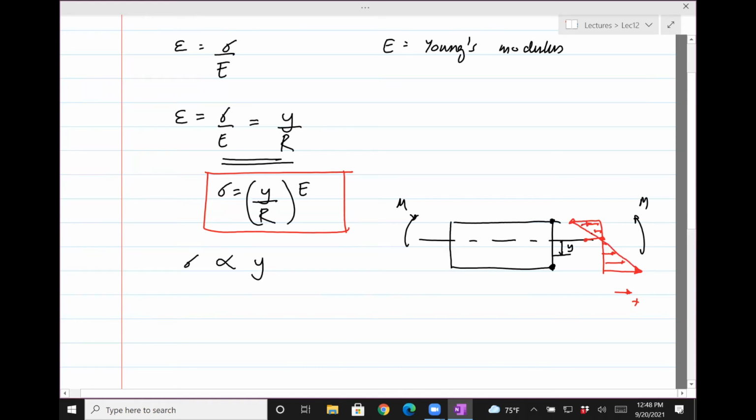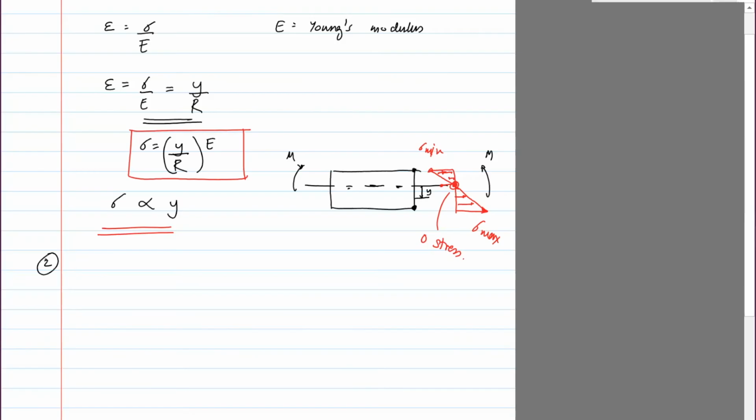Something like this. Sigma max. And then sigma min, it's actually compression. And it's just zero here. Zero stress on the neutral axis.